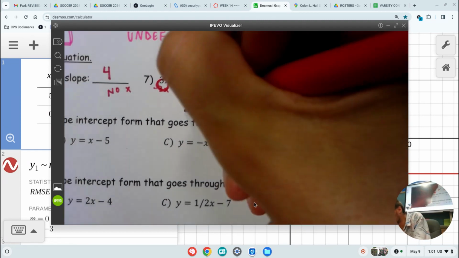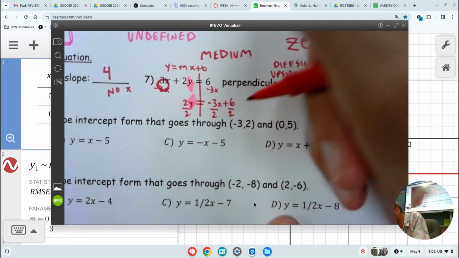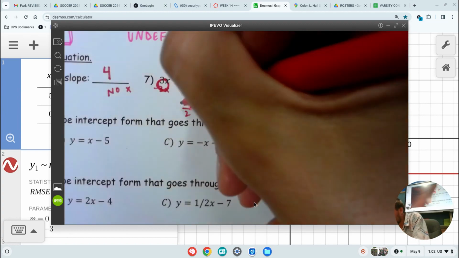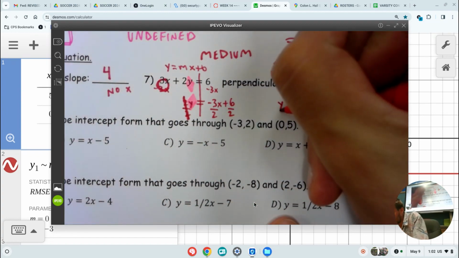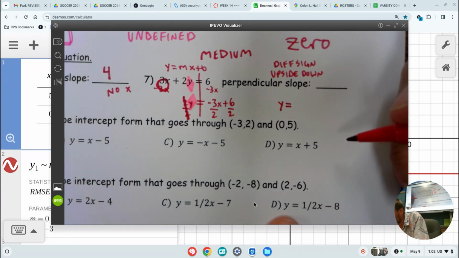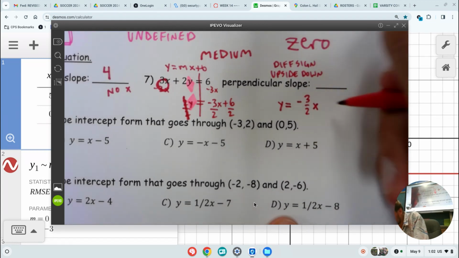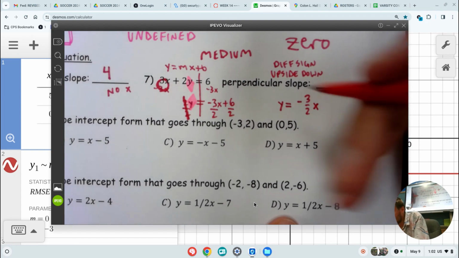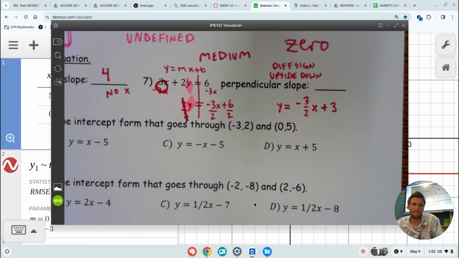So, divide by 2, divide by 2, divide by 2. Now the 2 will go away, and in slope-intercept form, y equals negative 3 over 2 x. And what is 6 divided by 2? Everybody knows that's going to be 3.